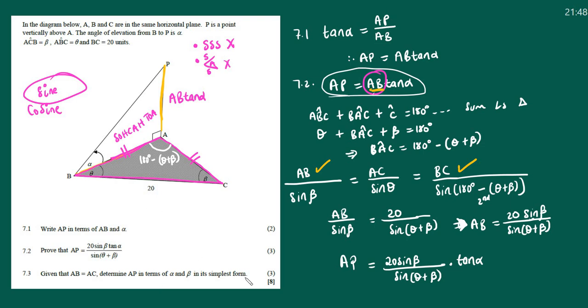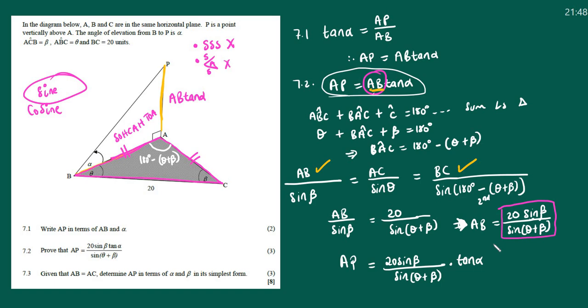So now we're looking for AP in its simplest form. You are given that AB is equal to AC. And let's remember that all of this is AB. All of that is AB. So we are now told that it is equal to AC, of which we don't know its length.